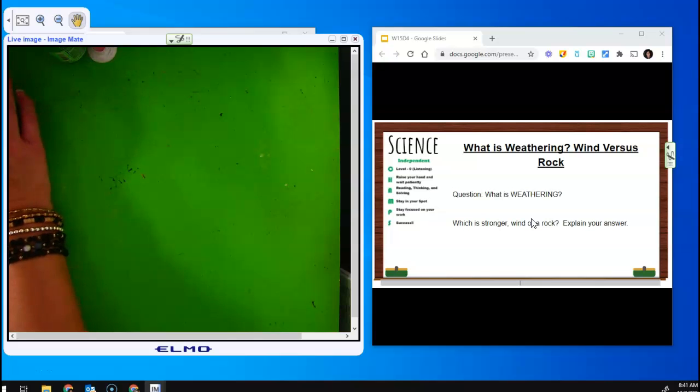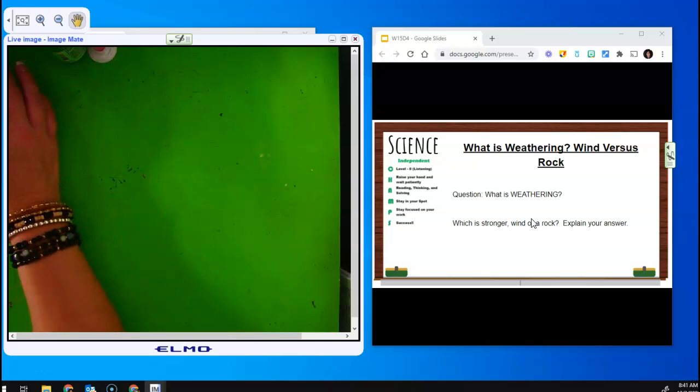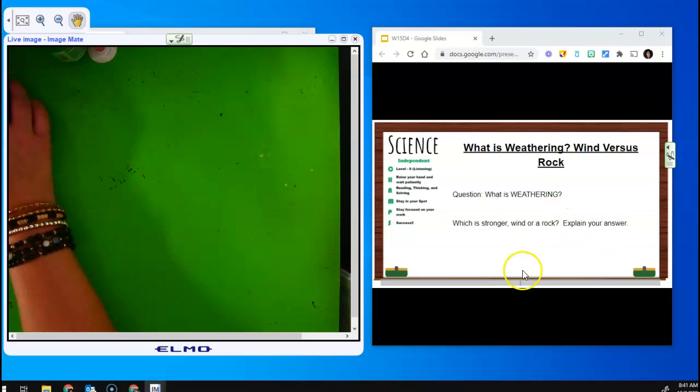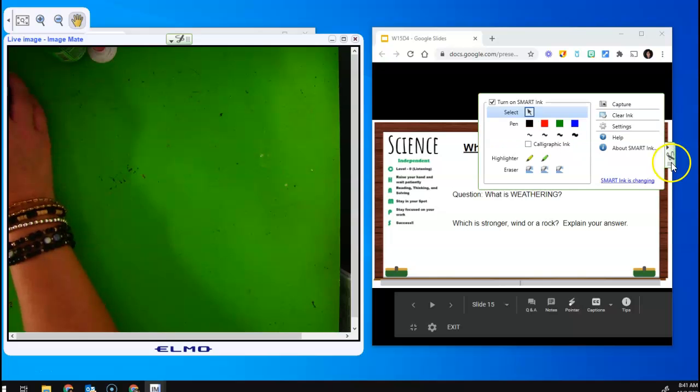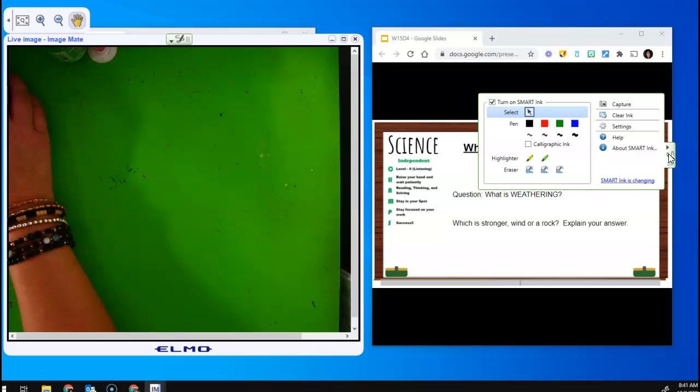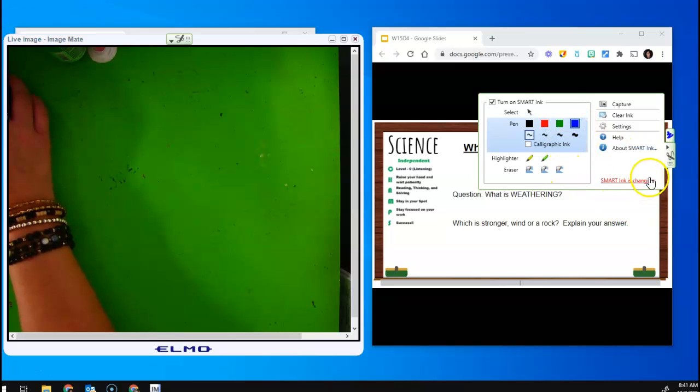Natalie. A rock? We said a rock was stronger yesterday? I don't think so. Sujab. The wind is stronger.